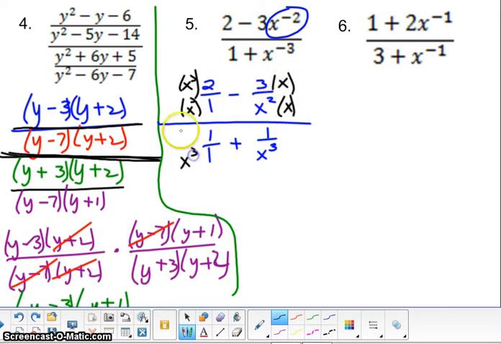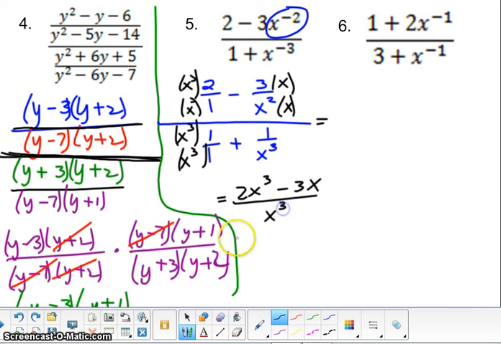This one needs all 3 x's, and the last one doesn't need any because it already has x cubed. So what that's going to look like is 2x cubed minus 3x all over x cubed. Then on the bottom we have x cubed plus 1 all over x cubed.